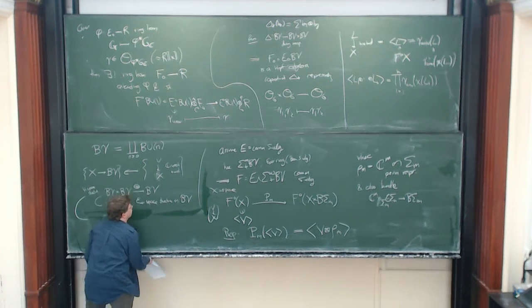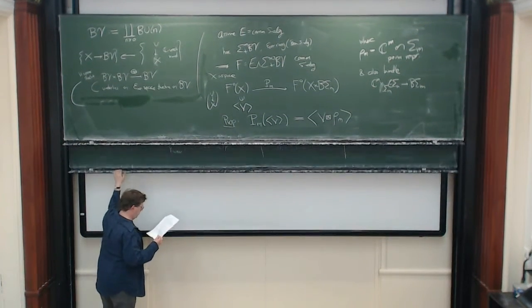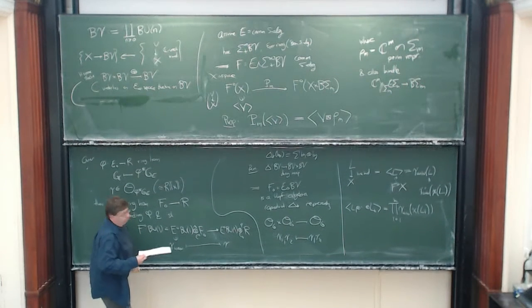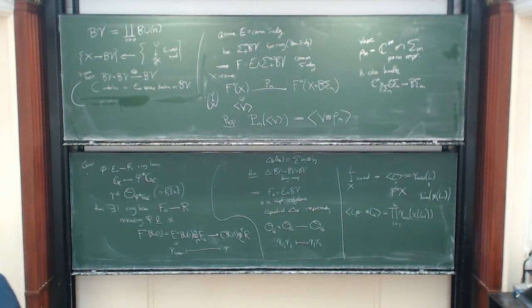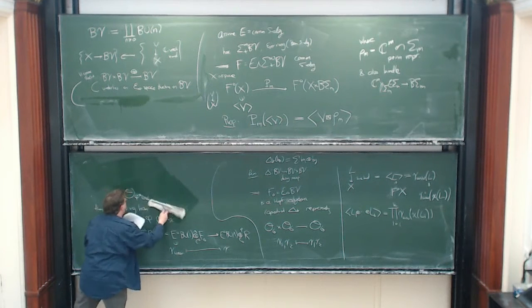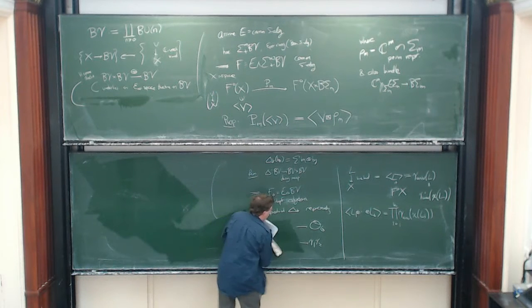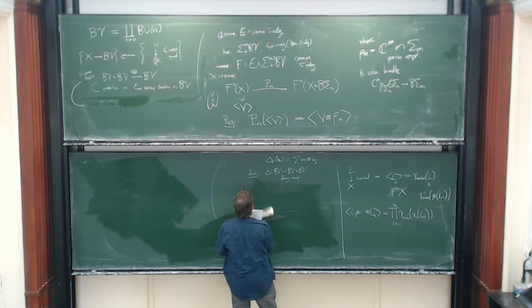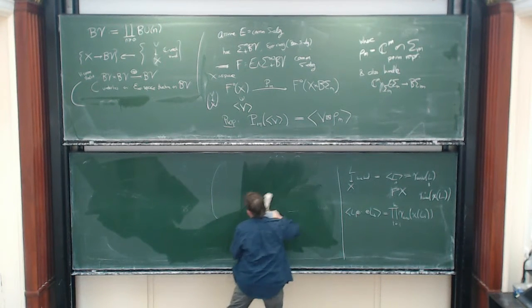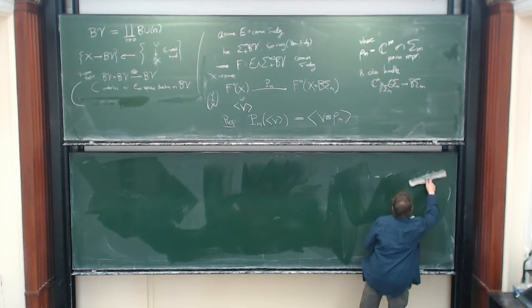So let's do that. If I start with a map of X into BV representing my bundle, I can apply the space level power operation, which uses the fact that BV is an E-infinity space. So I'm using that E-infinity structure.